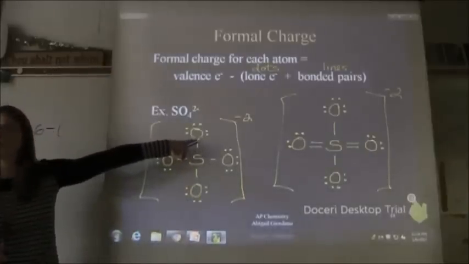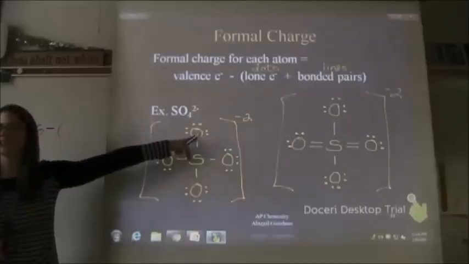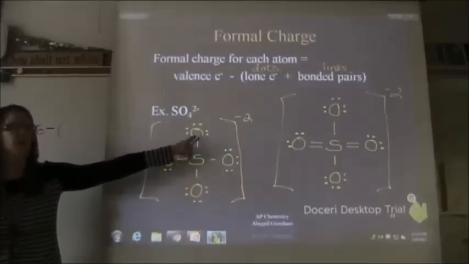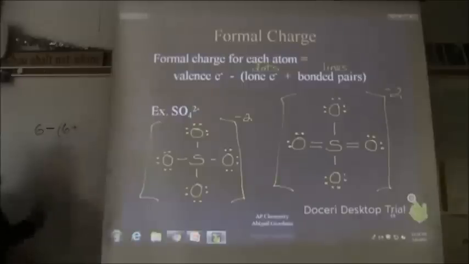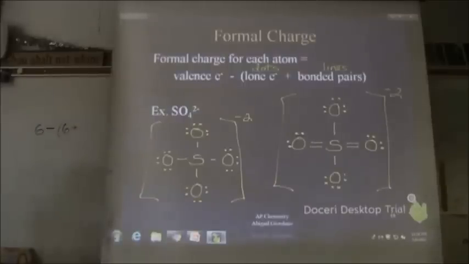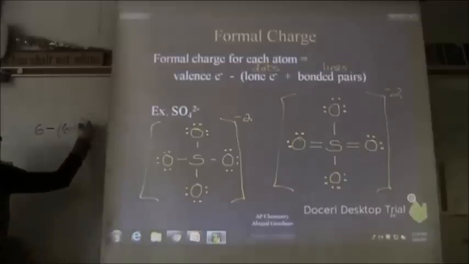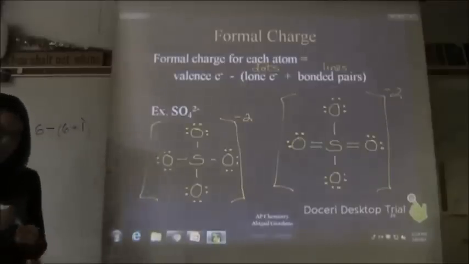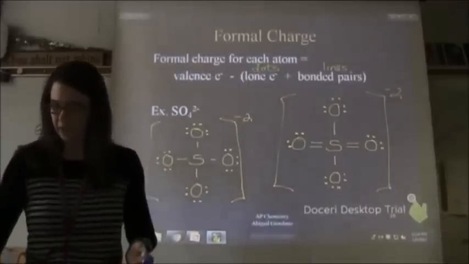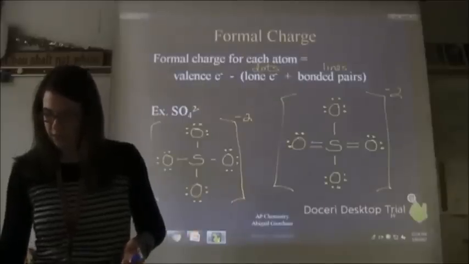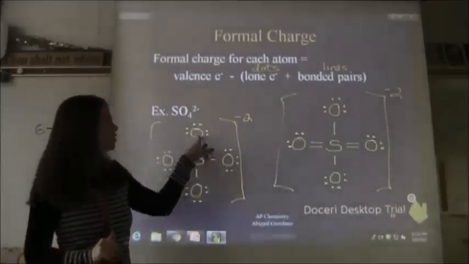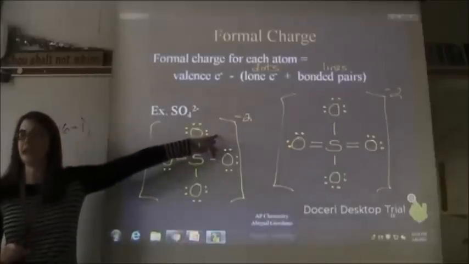This oxygen, how many dots, lone electrons, are around it? Okay, 6. How many lines are next to it? 1. What's 6 minus 7? -1. Okay, good. So this oxygen has a formal charge of -1.